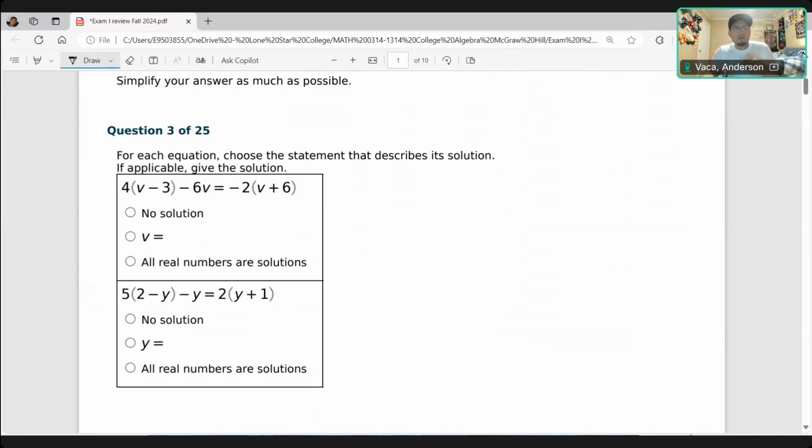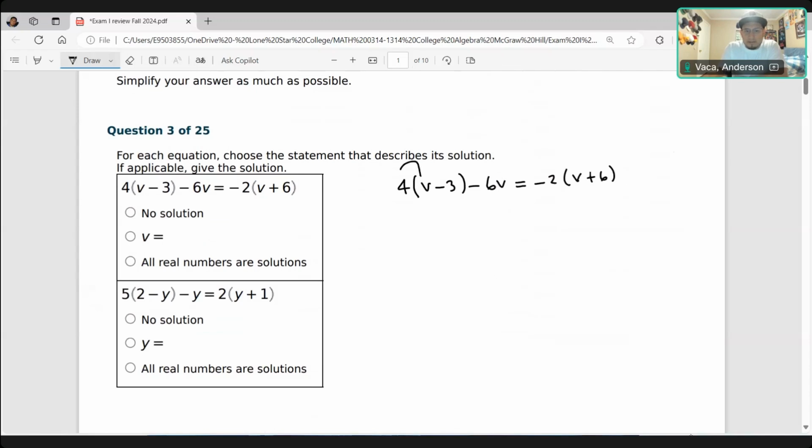So let's go through these 2 examples, and then if we need to, we'll go ahead and refer to the ones we did before, okay? So let's see. Let me rewrite this here. So we have 4 multiplying this quantity minus 6v is equal to negative 2 times v plus 6.